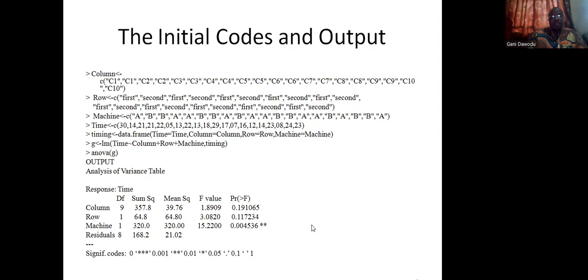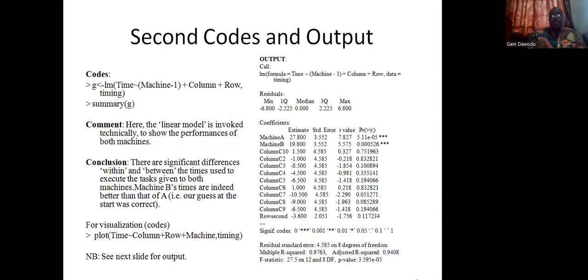All right. Let's go to our linear model to see the situation of things. This is the code that will invoke the linear model. After that, you have the summary, and this will be displayed. And if you see, I had to say machine -1 so that it will display both machines in this case.